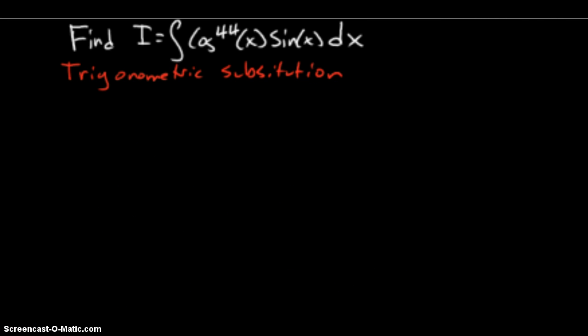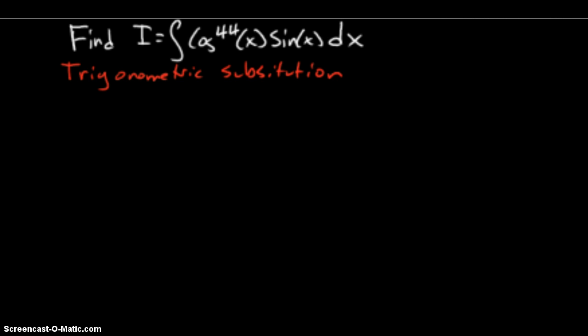Okay, so last video we were presented with this problem, finding the integral of cosine to the 44x multiplied by sine x with the differential of dx, and we went through the particular tools and techniques that we had to solve this problem, and we realized that trigonometric substitution was the best approach.